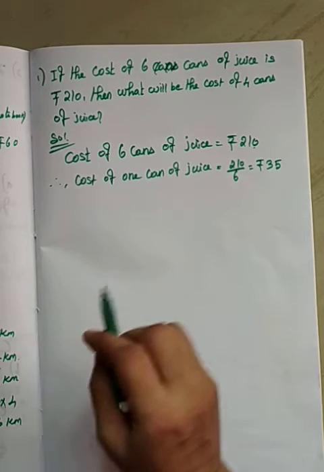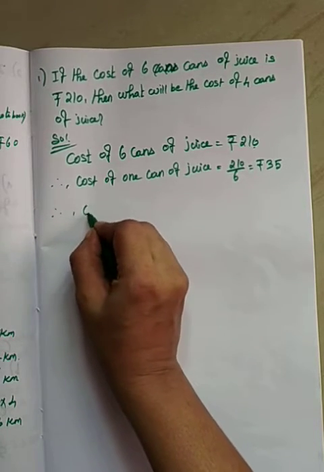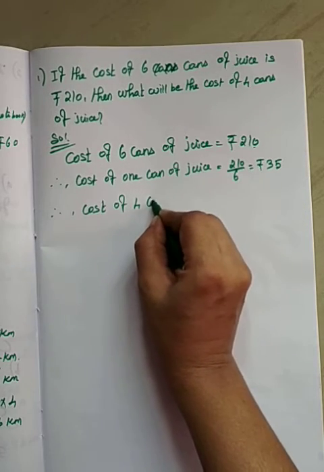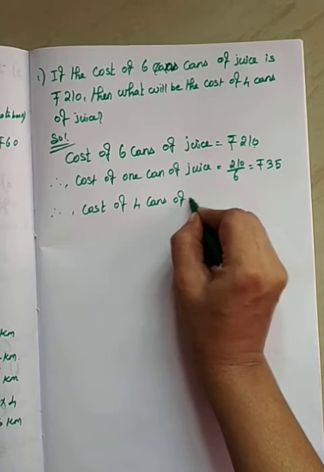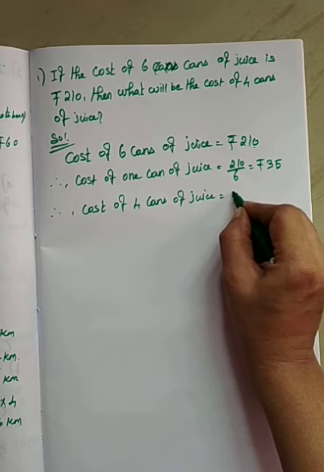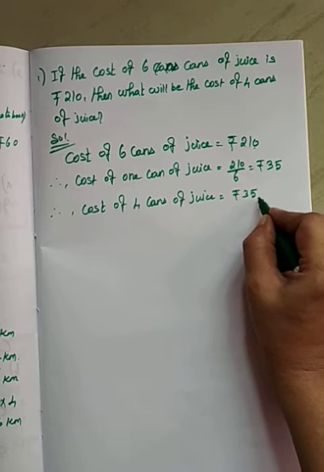Now we have to find the cost of 4 cans of juice. So therefore, cost of 4 cans of juice is equal to, so what is that? 1 can of juice amount is rupees 35.